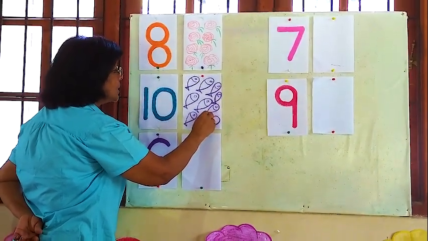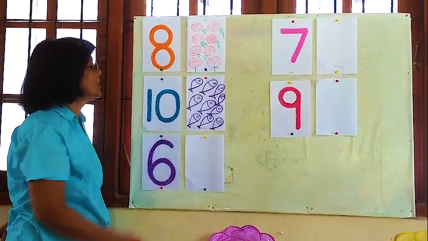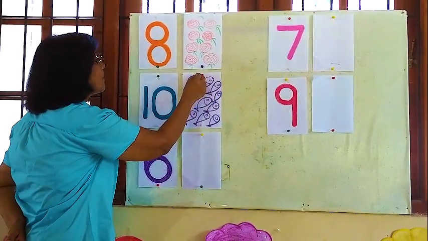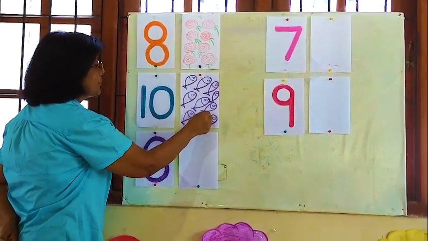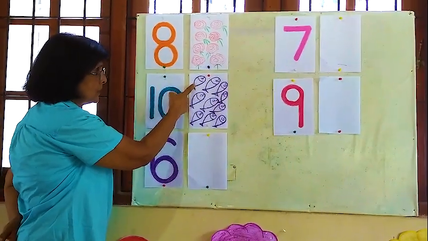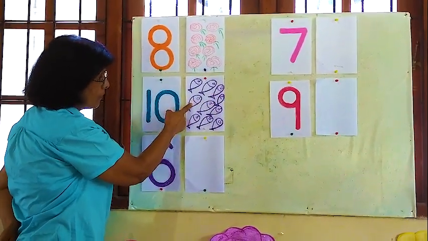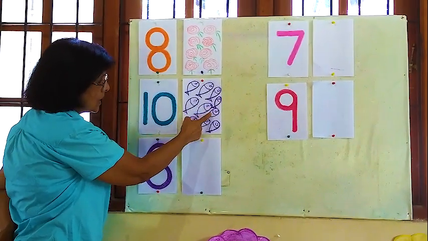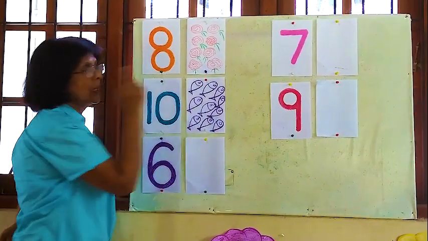How many pictures do we have to draw for 10? 10 pictures, right? Now here 10 fish. Shall we count again? 1, 2, 3, 4, 5, 6, 7, 8, 9, 10.